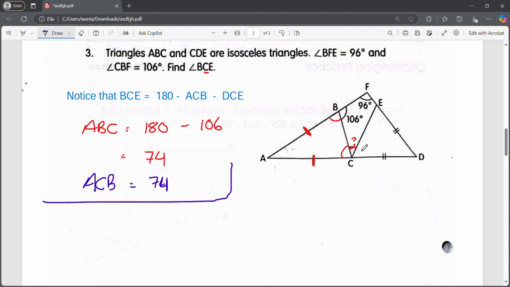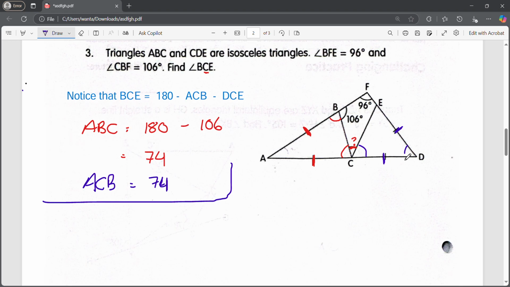Now we just need to find the angle on the right, which is the DCE. So how can we find that? Over here. Well, it's in a triangle. It's also an isosceles.